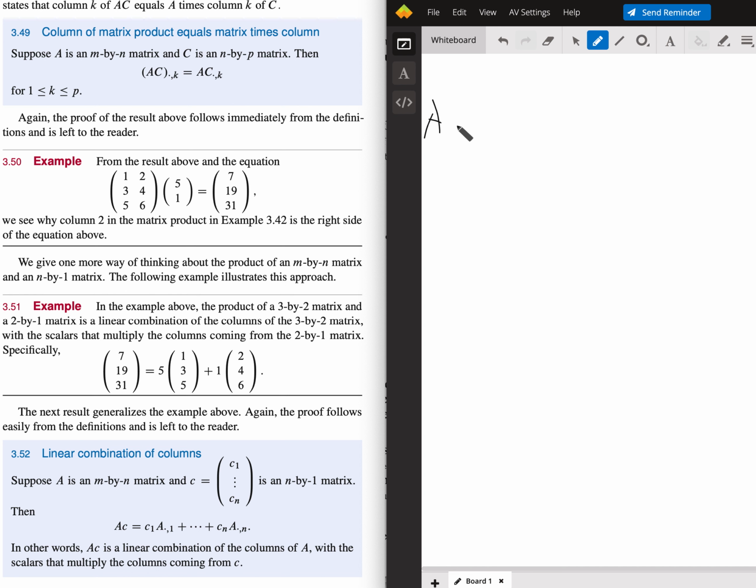So if A is an m by n matrix and C is an n by 1 matrix, then AC is equal to C1 times the first column of A, etc., through Cn times the nth column of A. I don't think there's much to prove here.